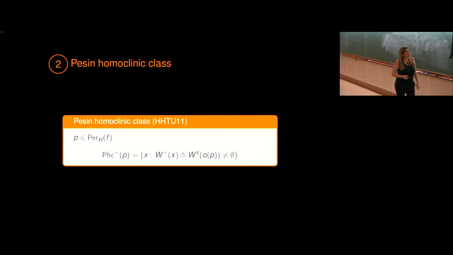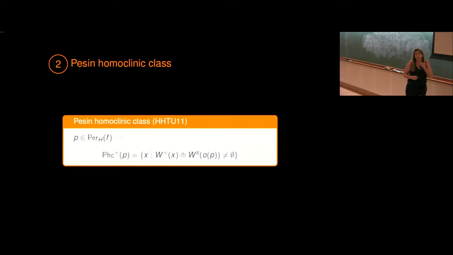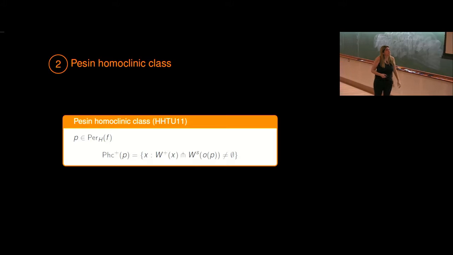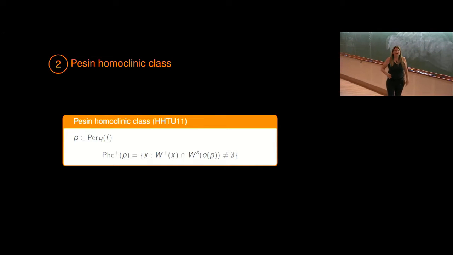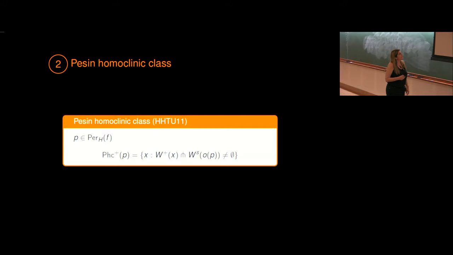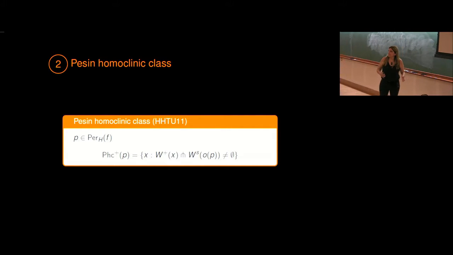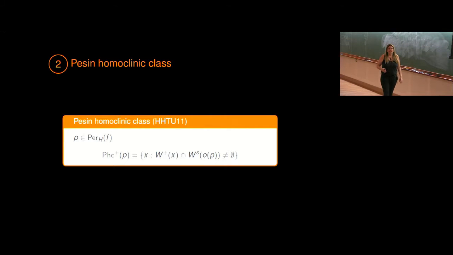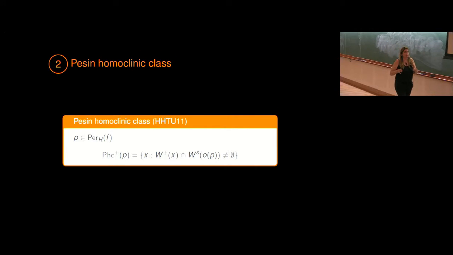And so this was introduced by Federico and Ali Tahzibi and Raúl Ures and me, which is called the Pesin homoclinic class, and fortunately, it has been used in many places, and is sort of homoclinic class, like the ones that are defined in the hyperbolic setting by Sylvain.